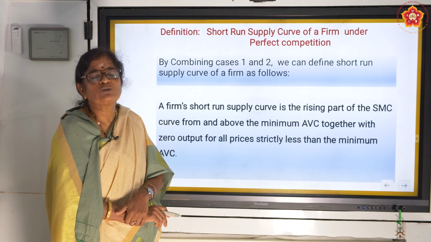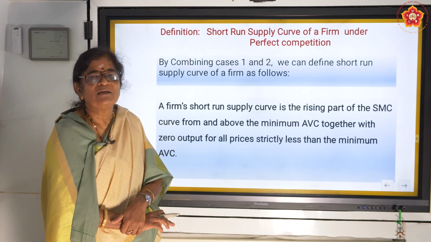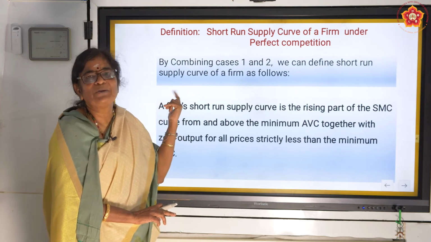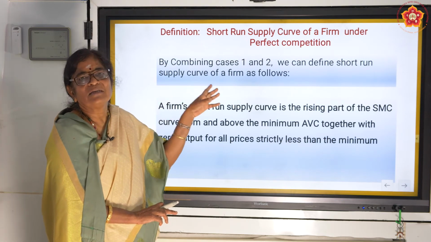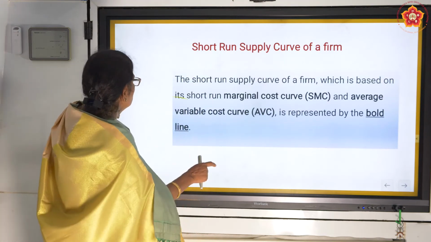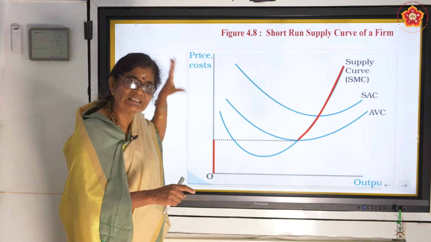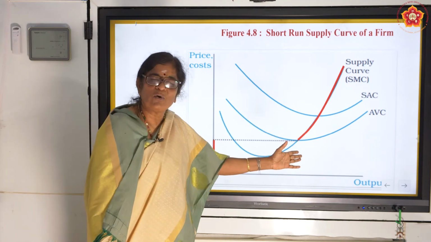Explain the short-term supply curve of a firm under perfect market competition. You have to draw two diagrams under P1 and P2 prices. Then you have to draw the supply curve, showing the part of the marginal cost curve, with the P1 and P2 different prices as well as the final supply curve. Then the definition, I hope you understood.